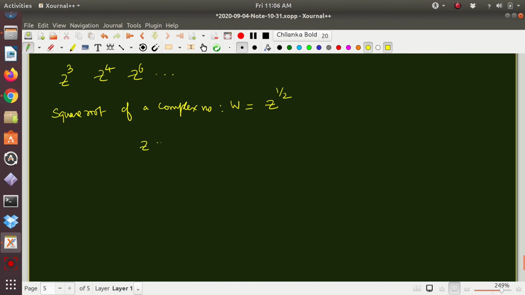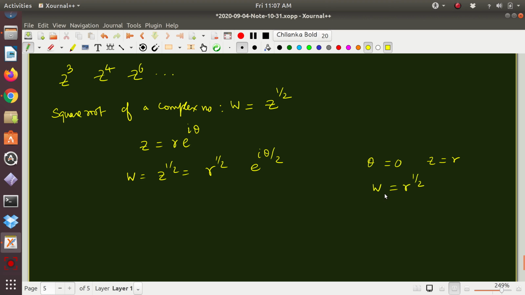So you now know that in order to raise to some power, it's often convenient to go to the polar representation. So if z is r e to the i theta, then w, which is z to the half, is r to the half e to the i theta by 2. Now when theta is 0, z is equal to r and w is r to the half.